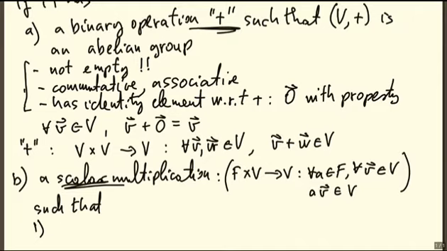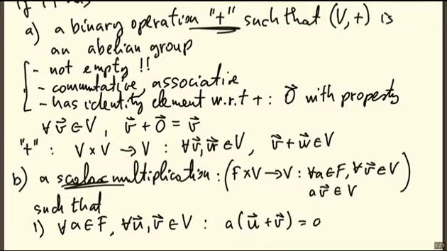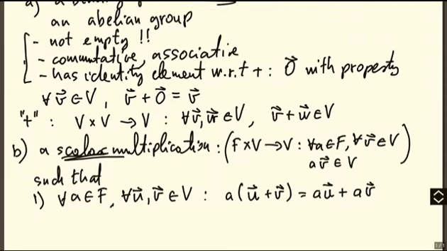First one, for all scalars a in this field and for all u, v vectors of the vector space, we have that a times (u plus v) is the same as a times u plus a times v, which means that scalar multiplication is distributive with respect to vector addition.